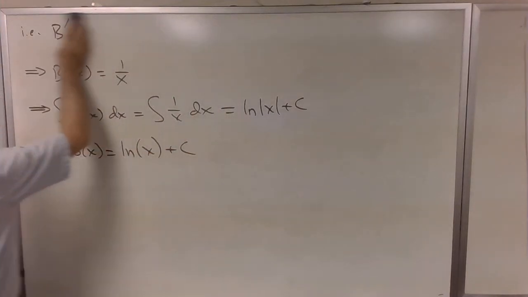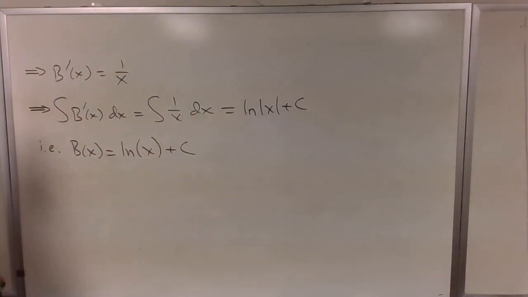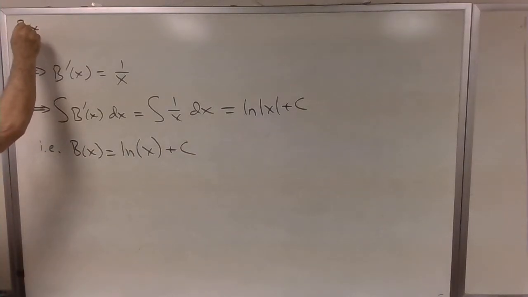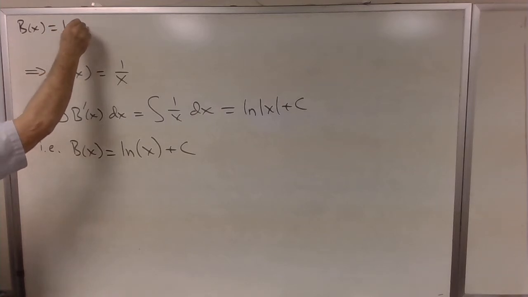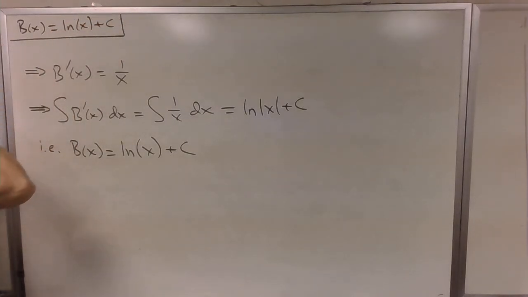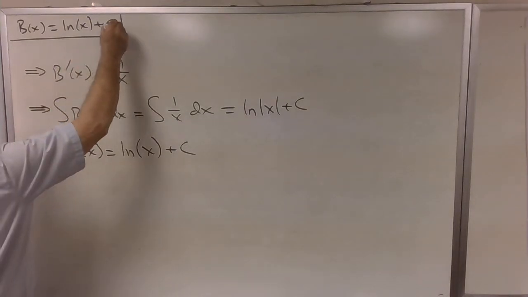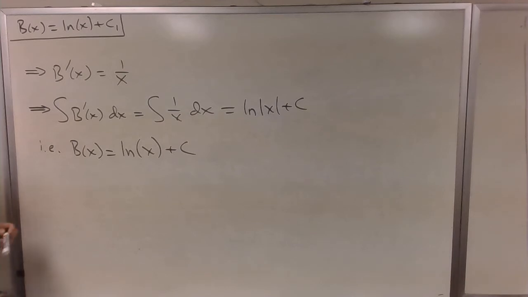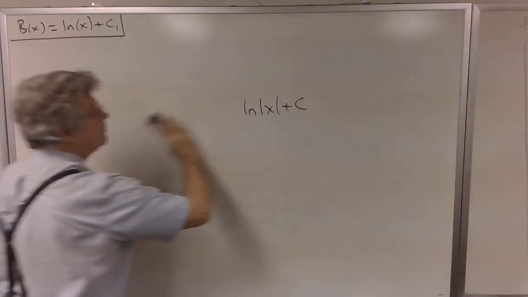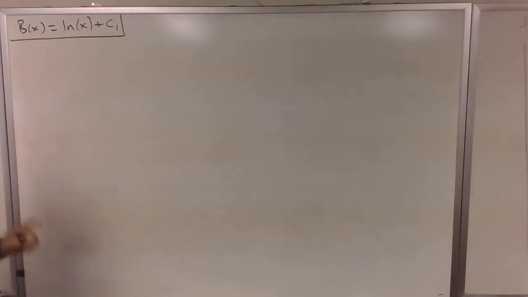I'm going to write that up here and put it in a box where I can't lose it. B of x is the natural log of x plus some constant. I'll call it C1, what the heck. Not the same C1 we had before, but we're never going to go back to that C1. Well, maybe it will be the same C1. We'll see.